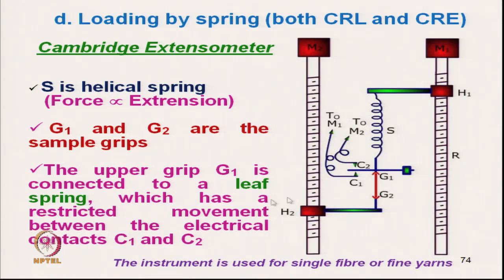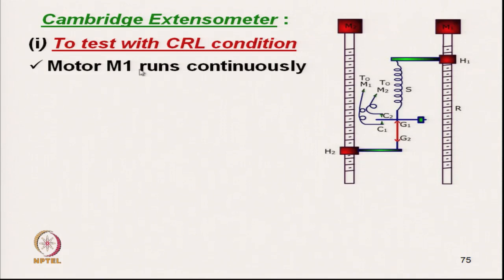This is a leaf spring which has a restricted movement between two electrical contacts C1 and C2. Okay. This is the horizontal leaf spring, and between C1 and C2 it can move, and the distance between C1 and C2 is very small. Now, when it is working in CRL condition, constant rate of loading condition, these two screw rods are connected with the followers H1 and H2.